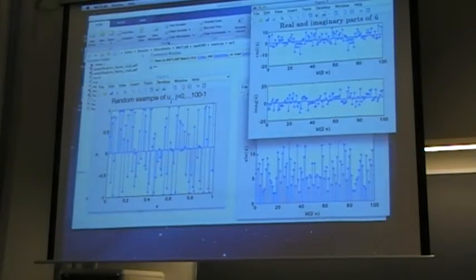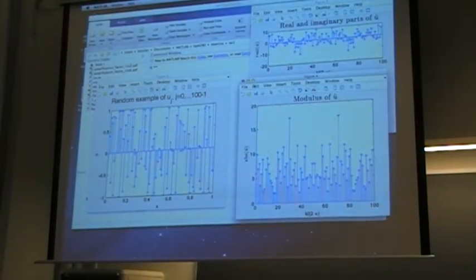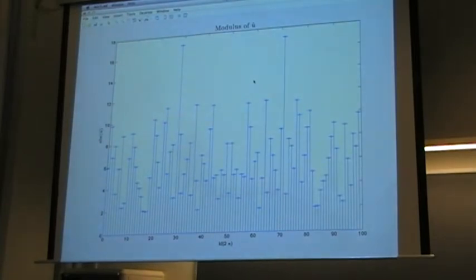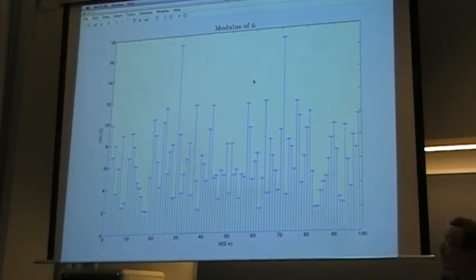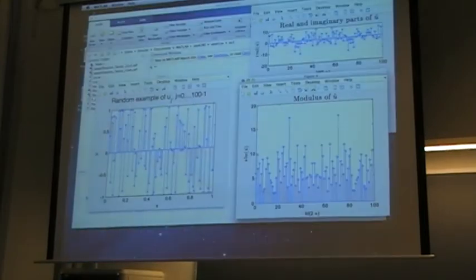The same is true when we look at the absolute value. We have all wave numbers, here the wave numbers divided by 2 pi, so this is our L, and here is the absolute value of the Fourier transform. They are spread all over the place, so that doesn't tell us too much.